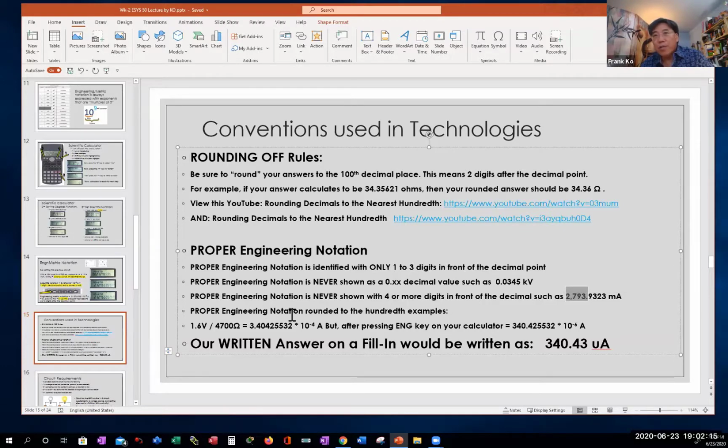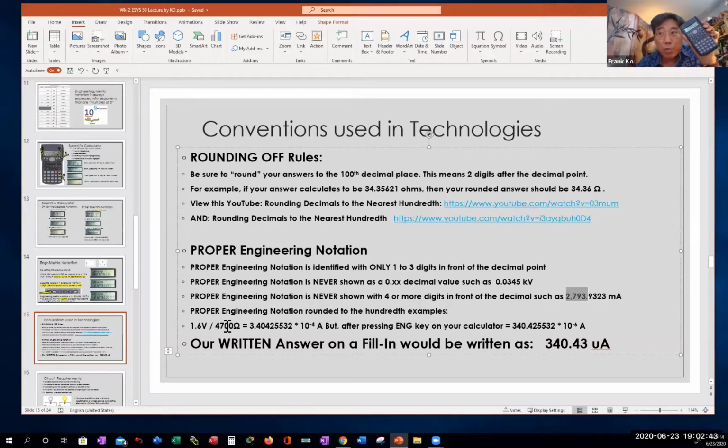So do this as a calculation. If you do this as a calculation right now, 1.6 divided by 4,700, and I'm going to do this with you. On my calculator, your calculator, 1.6 divided by 4,700, turn it on first. All right, now that it's on, 1.6 divided by 4700, hit equals.